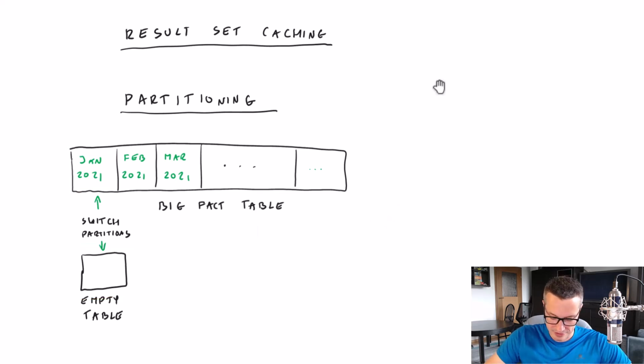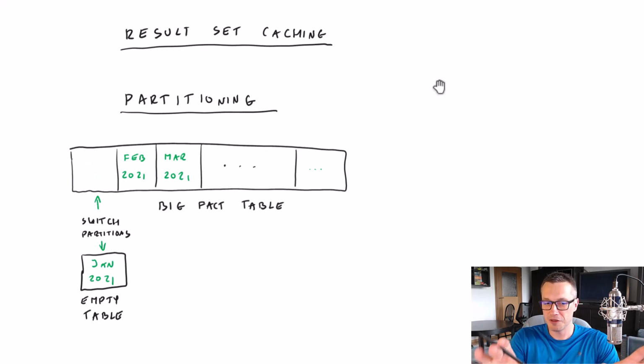And what would it effectively mean would be like this. Data from our partition would be magically moved to the other table. Just like this. It is a metadata operation. It is super fast. There is no blocking at all. So suddenly, data from January would disappear from our table. We just removed this in a matter of seconds. So that's the first thing you would do. Switch partitions.